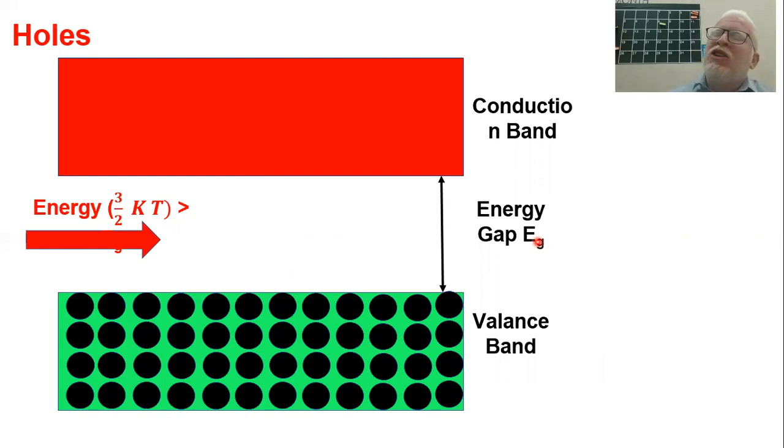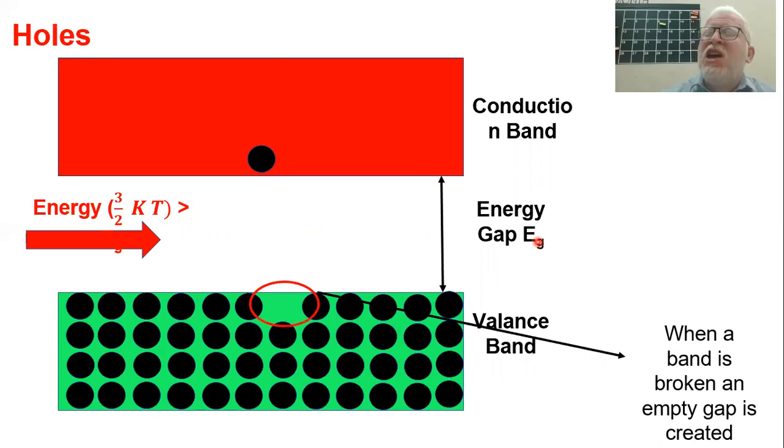Now, due to the internal thermal energy inside the material, this energy is capable of breaking the bond. So the electron transfers to the conduction band, leaving an empty space in the valence band, which we call a hole. However, never say that a hole is an empty space, because a hole is a broken bond, not an empty space.